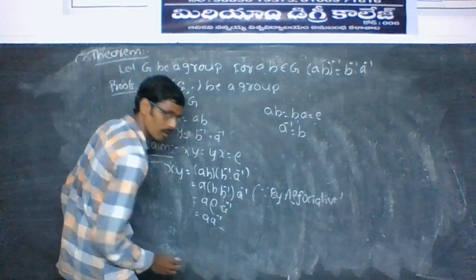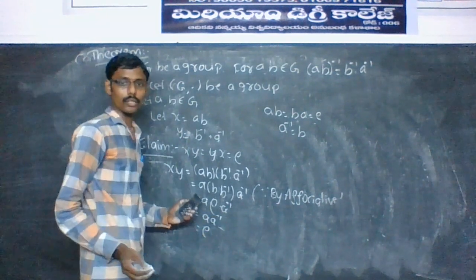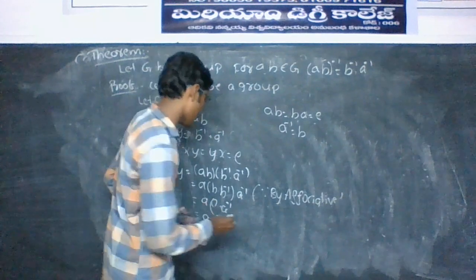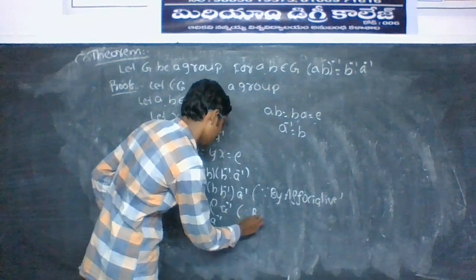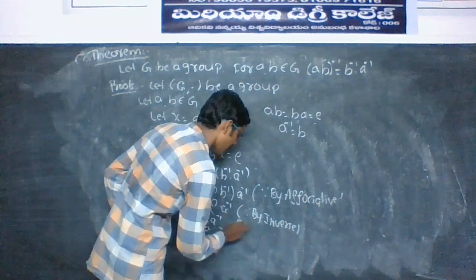A into A inverse is equal to E. XY is equal to E by inverse and by identity.